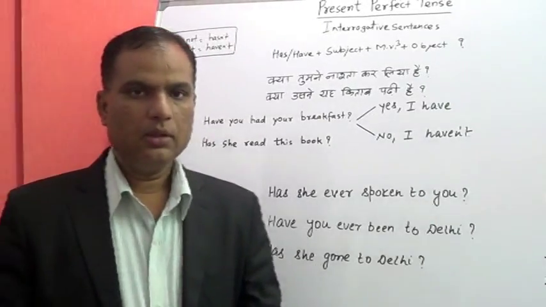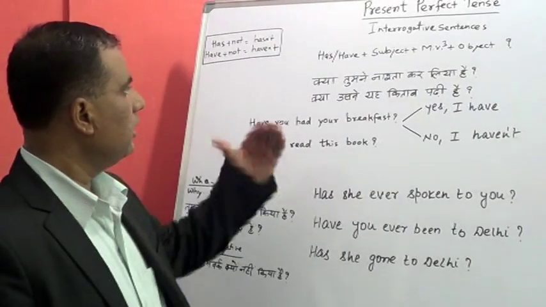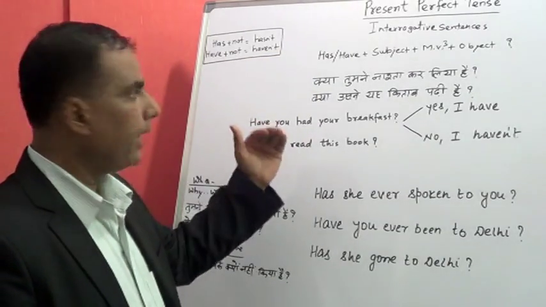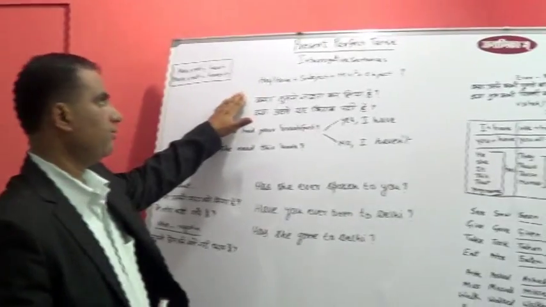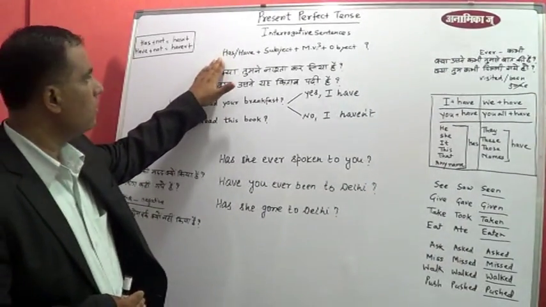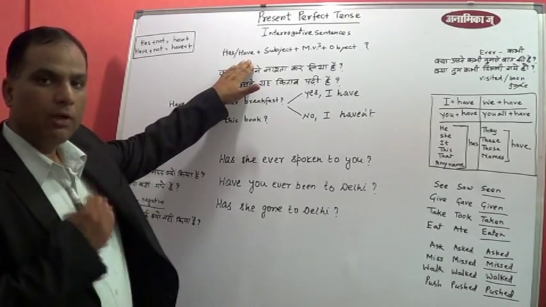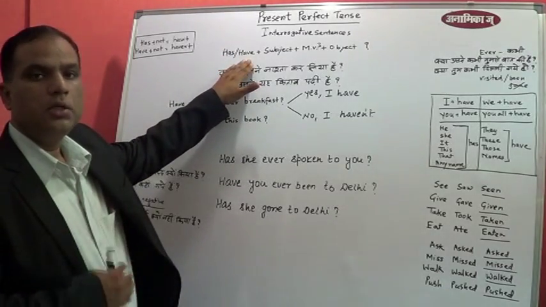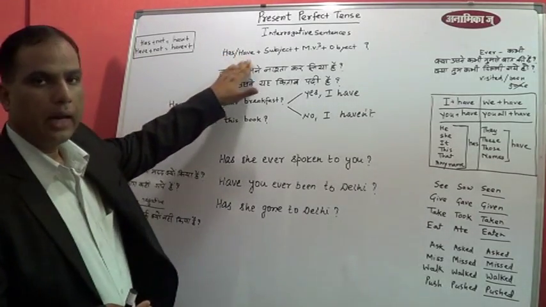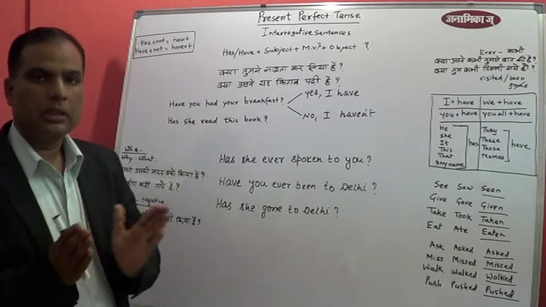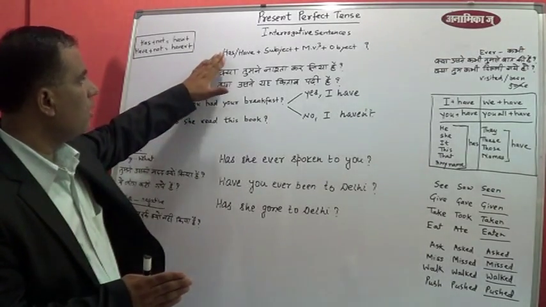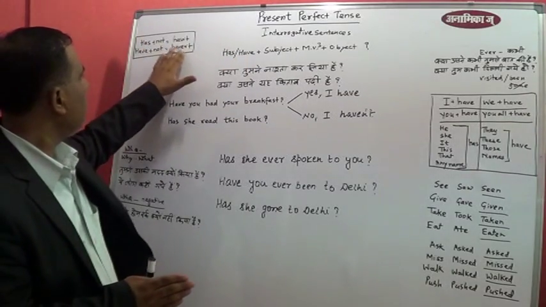So after positive questions, let's see how this positive can be converted into negative. As you know, the question starts with either has or have. If we want to make this negative, you just need to add not to has or have, and you can combine them and it becomes hasn't or haven't.